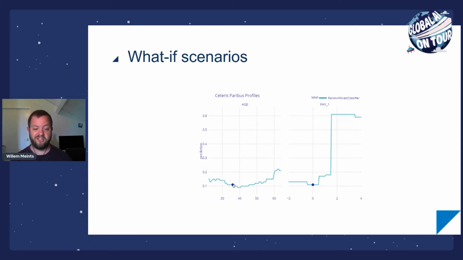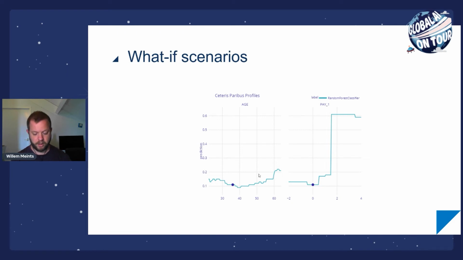So in this case, if I wanted to change the outcome of the model, I could try and change the age of the person. Maybe there's a mistake in there. Actually, as they become older, it becomes more problematic to pay back the credit card, apparently, but not by much. So this is a reasonably flat line. I don't think this has much impact on the model.